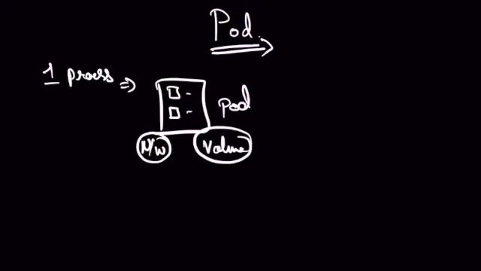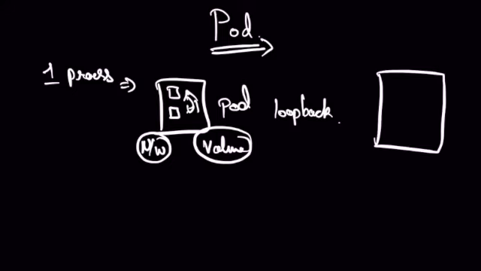They can also communicate with each other using the loopback interface of the pod. So this is what a pod is. It is just a containment unit which has 2 or more containers, which enables them to communicate and use the resources most effectively.